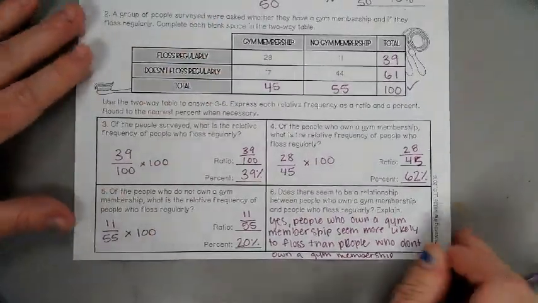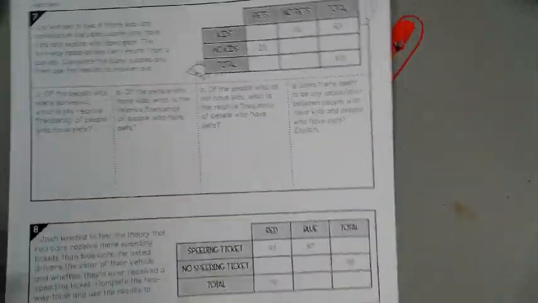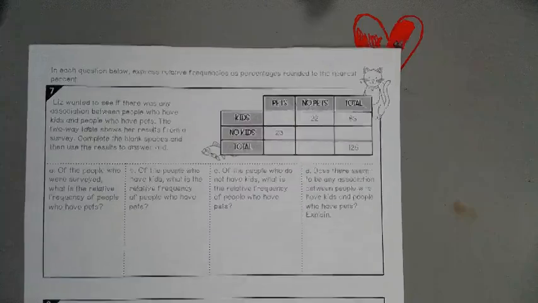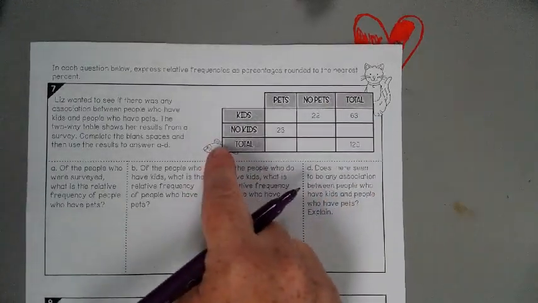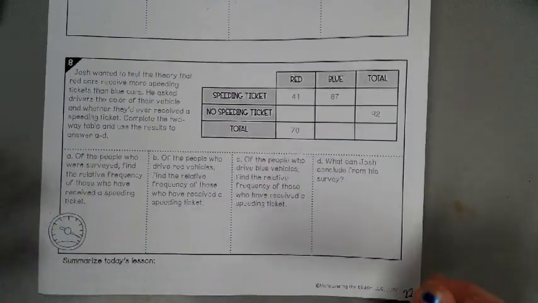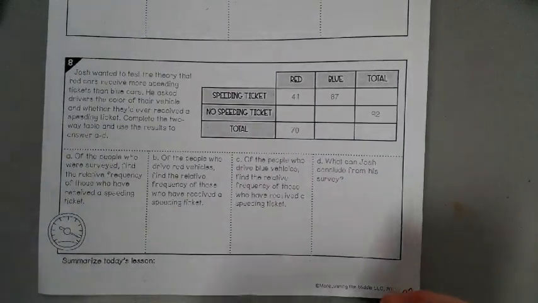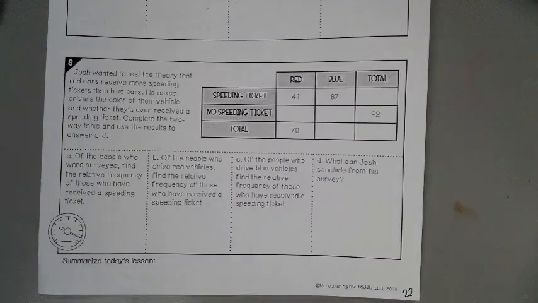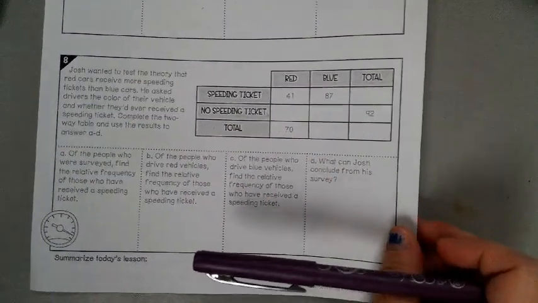There are more questions on the back. You will do the same thing. You will fill it in and then answer each of the questions. And then same thing. You will fill it in, then answer the questions. Once you do that, you will get the next one, which should be normally around the room, but you're going to do it on a worksheet. It'll be this side. Fill in your table, answer your questions about your table.